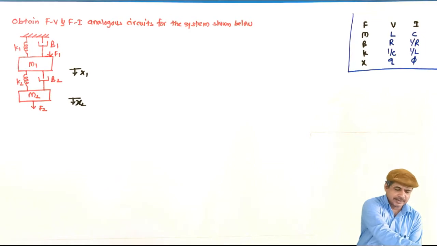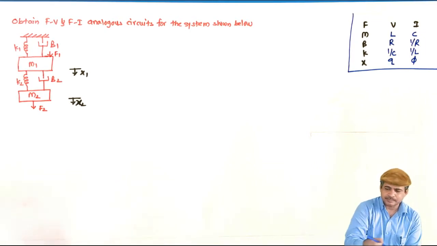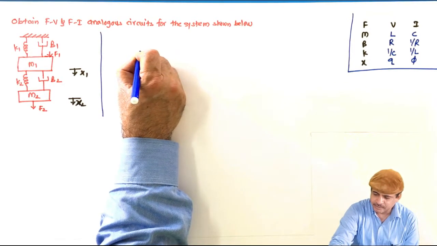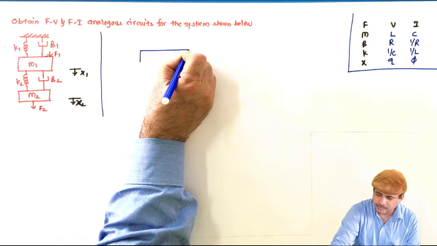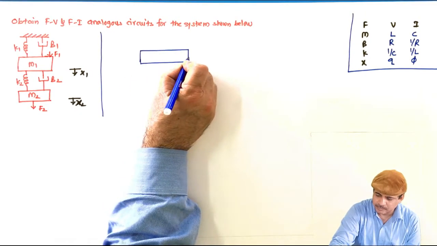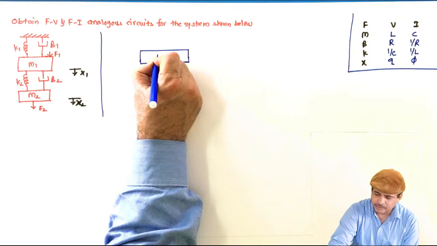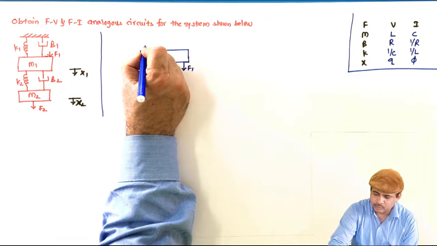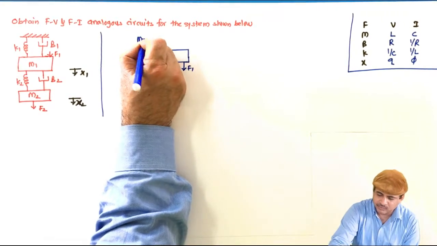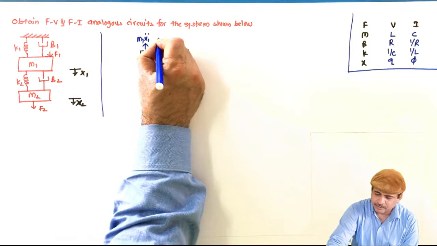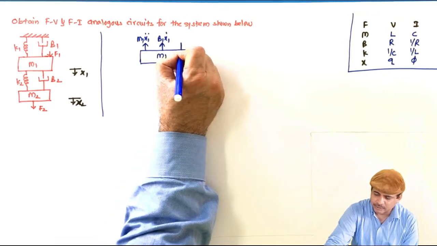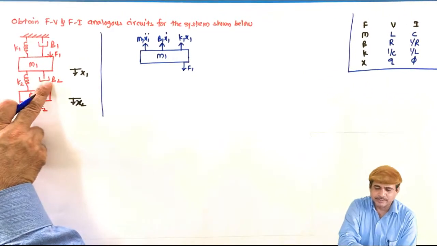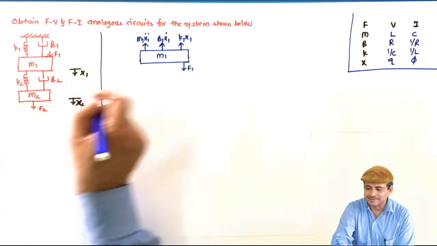While starting the FBD, we can start from any body. So let us first draw the FBD and assign the forces. This is M1, the force F1 is acting, and to this force there will be opposition by M1 x1 double dot, B1 x1 dot, K1 x1, as well as these two elements.